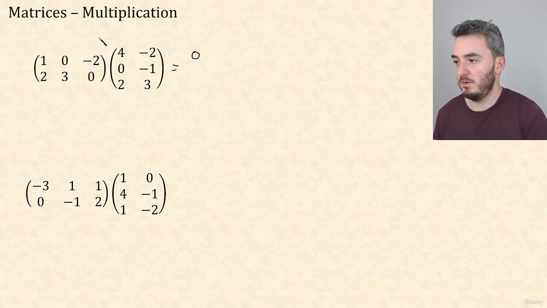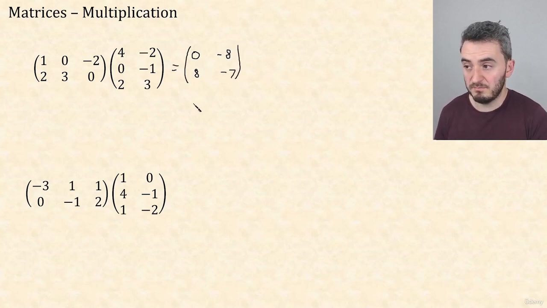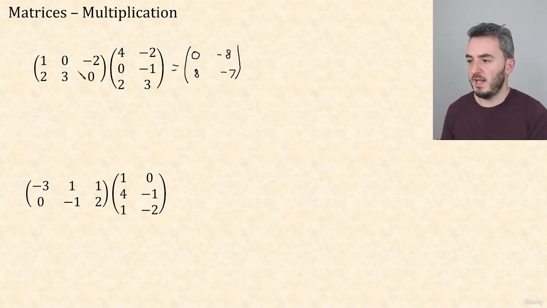Next one along, it's minus 2, plus 0, minus 6. Minus 2 minus 6 is minus 8. Next, it's 8, 2 times 4, plus 0, plus 0, so 8. And then it's minus 4, minus 3, plus 0, so minus 7. And we are done. So notice that we actually ended up here with a 2 by 2 matrix.